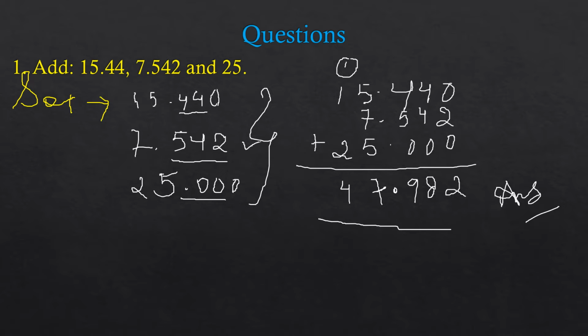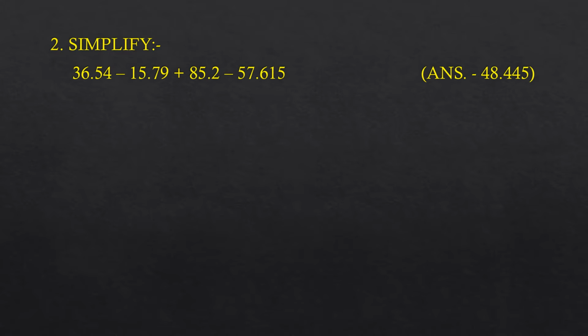Okay, now let's proceed. Now we have a simplification type question. In this type of question, the first thing to do is write the same sign numbers together. The numbers which have the same signs, write them together. Suppose this number has a positive sign and this number has a positive sign, so we will write them together first: 36.54 plus 85.2.